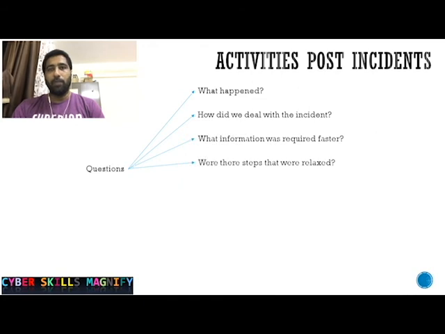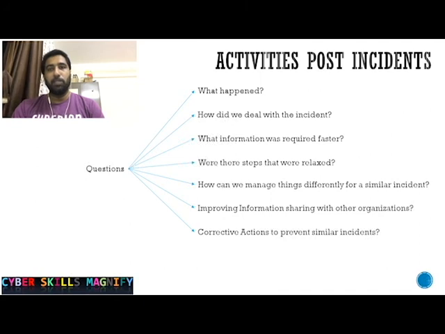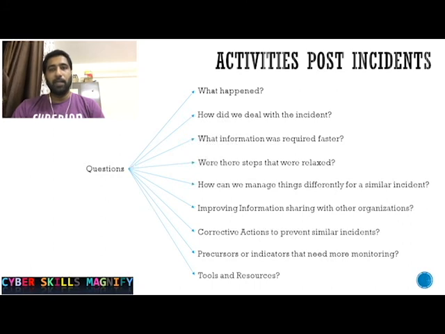What would the staff and the management do differently the next time a similar incident occurs? How could information sharing with other organizations be improved? What corrective actions can prevent similar incidents in future? What precursors or indicators should be watched for in the future to detect similar incidents? What additional tools or resources are needed to detect, analyze, and mitigate future incidents?